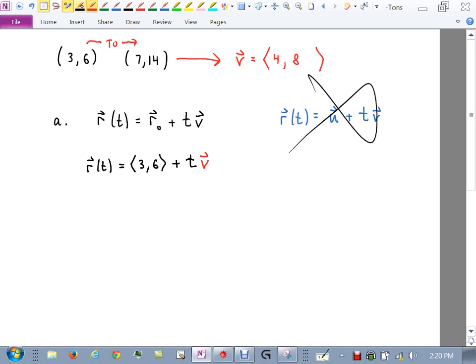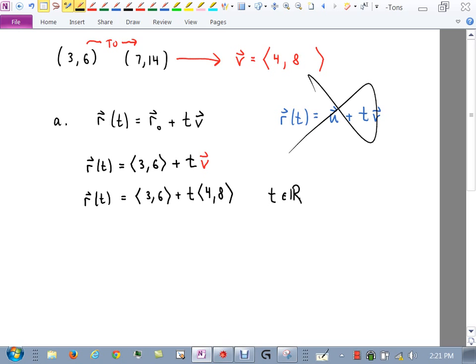So I come in here, 3, 6 plus t times 4, 8. I should also state here that t is an element of the real numbers. To create the entire line, I need t to be a scalar, and that t needs to vary through everything. What if t is 0? Then you have a vector, don't you?